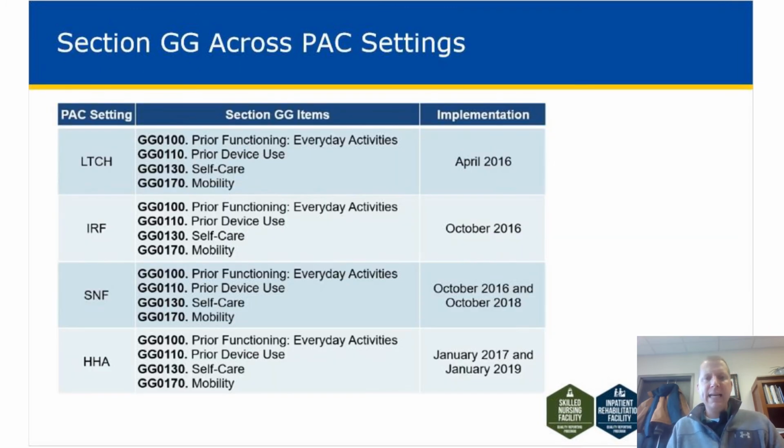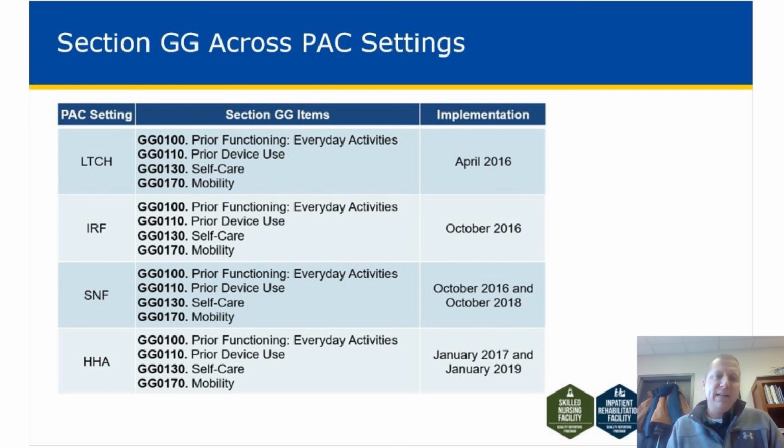So when we're looking at Section GG and the post-acute care settings, so looking at long-term care hospitals, Section GG was implemented beginning April 2016. And so they looked at using Section GG for prior function, or your everyday activities, prior device use, self-care, and mobility.